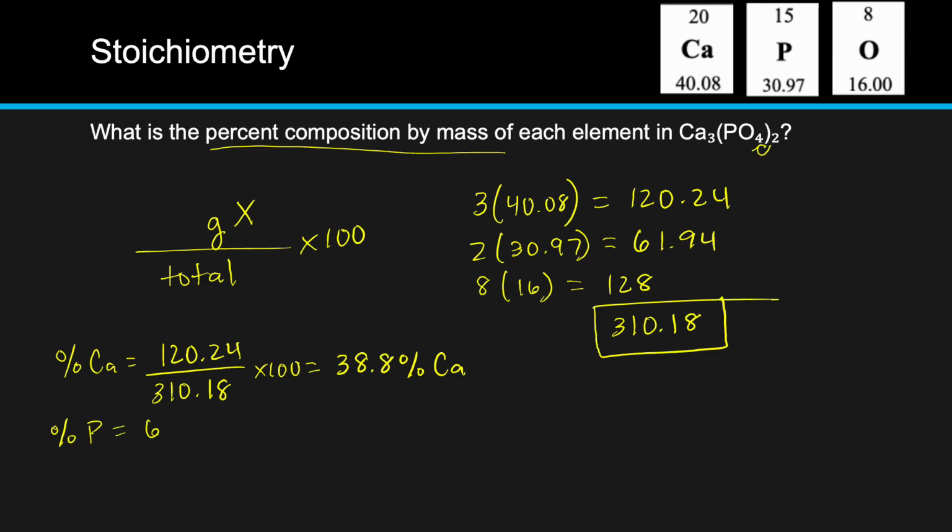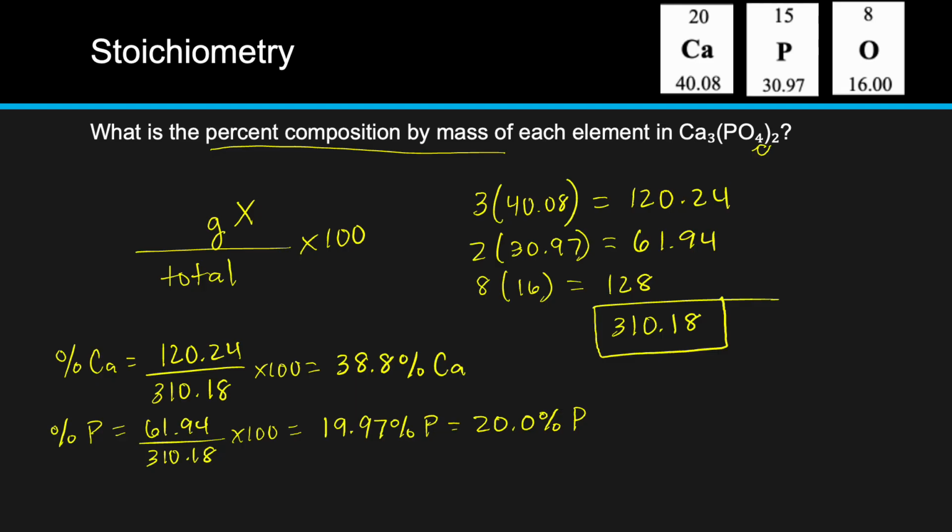All right, now let's do percentage of phosphorus. That's going to be 61.94 divided by 310.18 times 100. That's going to give us 19.97% of phosphorus, which is going to round up to 20.0% of phosphorus.